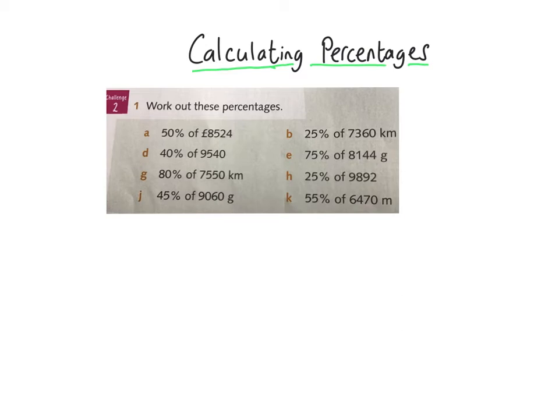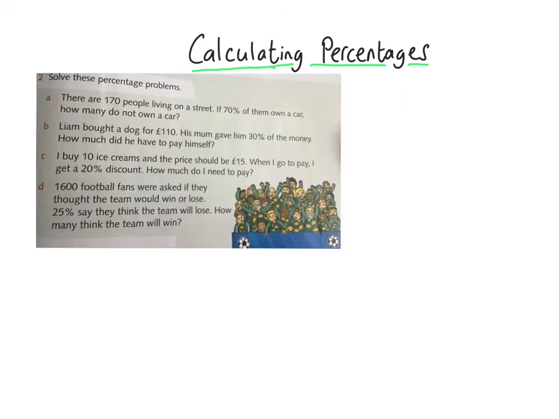So for example, A is going to be in pounds, G would be in kilometres, and E would be in grams, and so on. So make sure that you use your unit of measure with your answer. That's very important because you can't get the question right if you don't include it. If you do the hard part, don't leave out the easy part at the end.